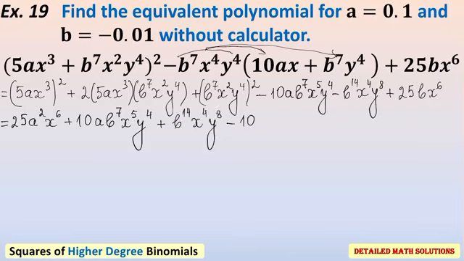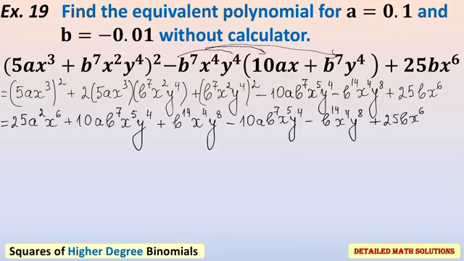And then I simply need to rewrite the remaining terms because I can't simplify them further. So this equals negative 10 a b to the 7th power x to the 5th power y to the 4th power minus b to the 14th x to the 4th y to the 8th plus 25 b x to the 6th power.